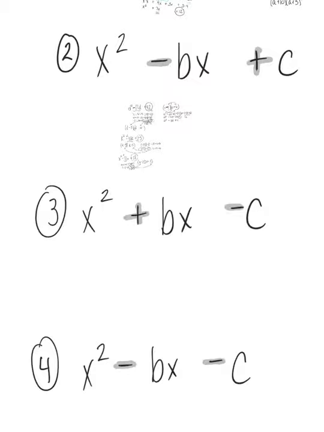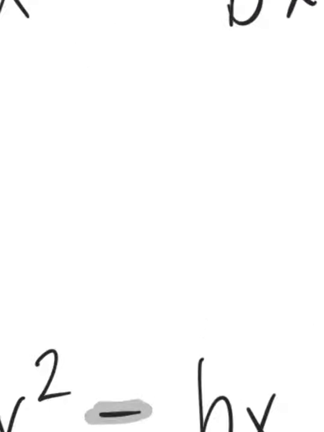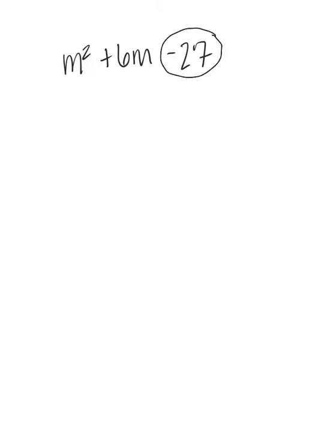where instead of my b being negative, it's my c. My b is positive. So let's look at an example. Let's say that I have m squared plus 6m minus 27. Well, let's, again, look at my c term. And because c is negative, I want to look at factors where one is negative and the other is positive.